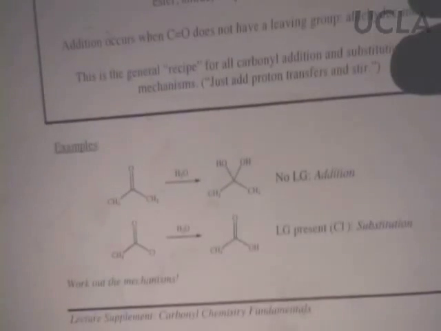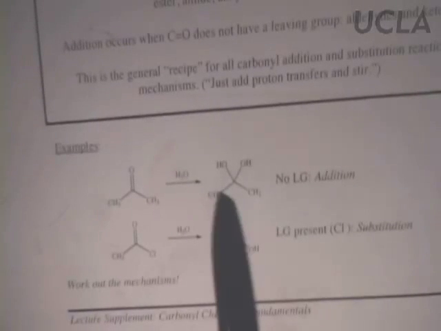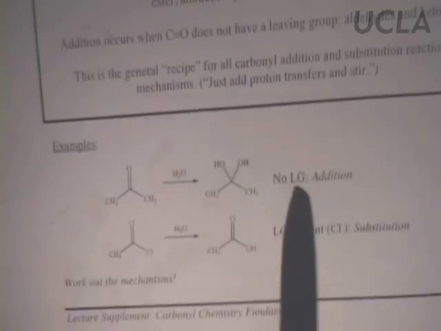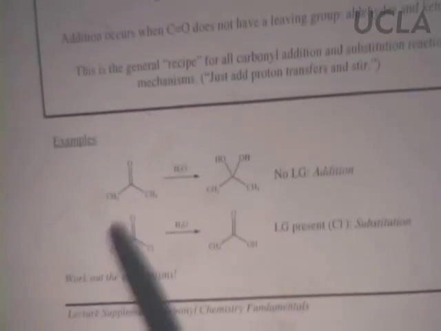Now, the last thing we talked about last time was some examples in terms of the mechanisms. If we take a ketone and react it with water, we can do an addition reaction. Because there is no leaving group in the case of a ketone, this has to be addition, not substitution. You can tell that because we started with a carbonyl and ended up with no carbonyl.